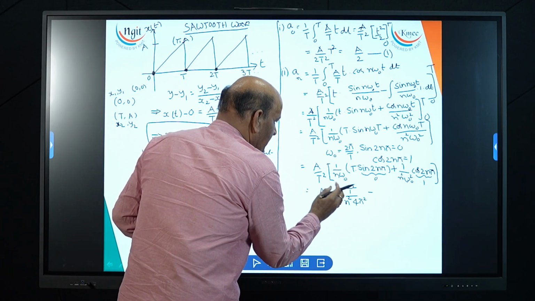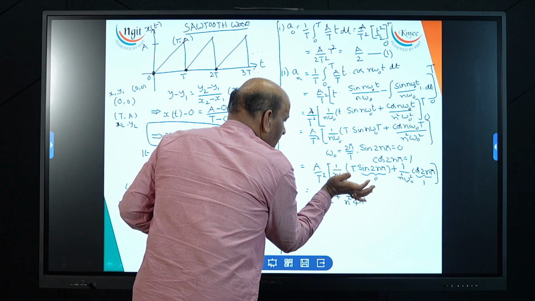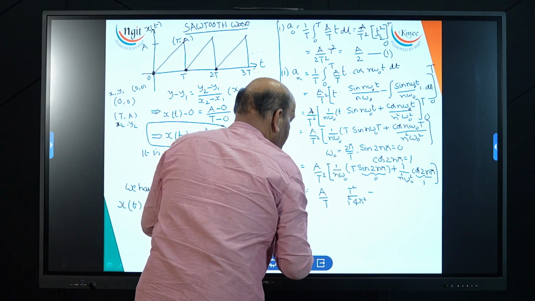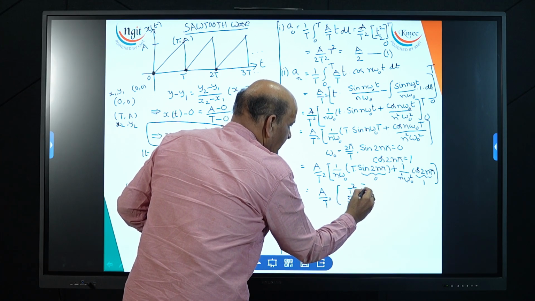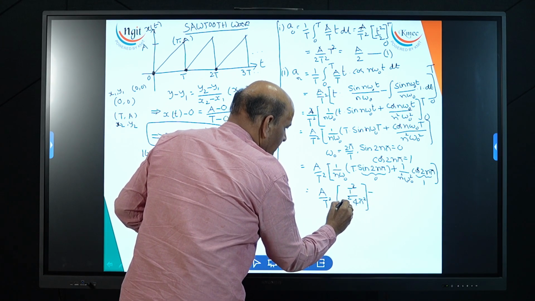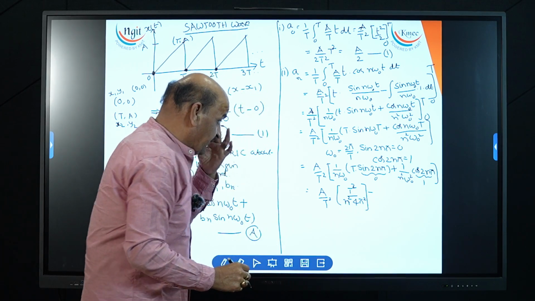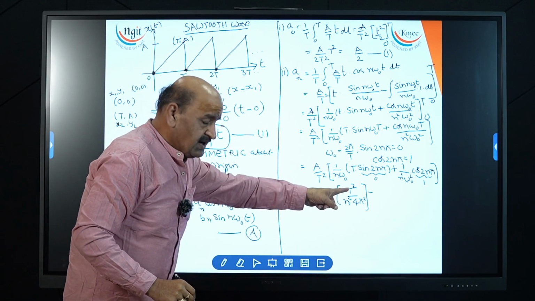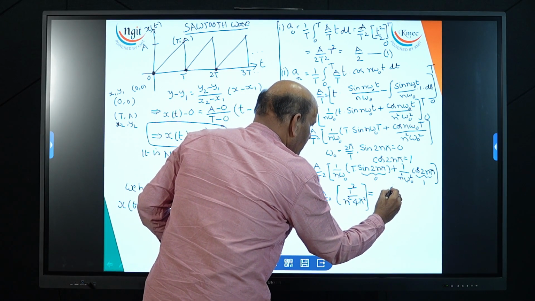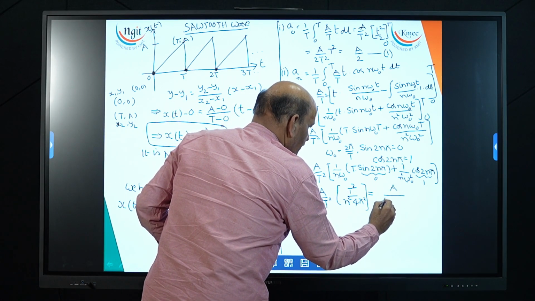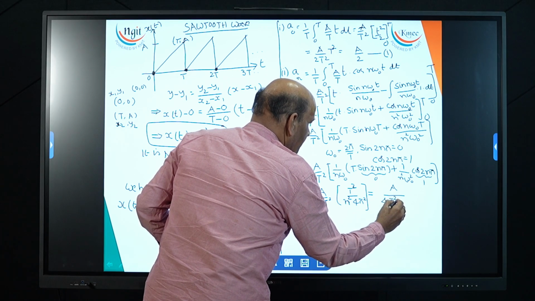Understanding? This is A by T square into T square by n square 4 pi square. Now this T square, that T square gets cancelled. So this is equal to A by 4 pi square.